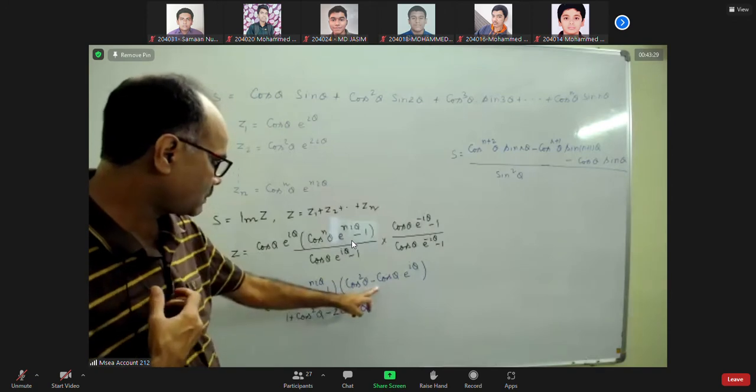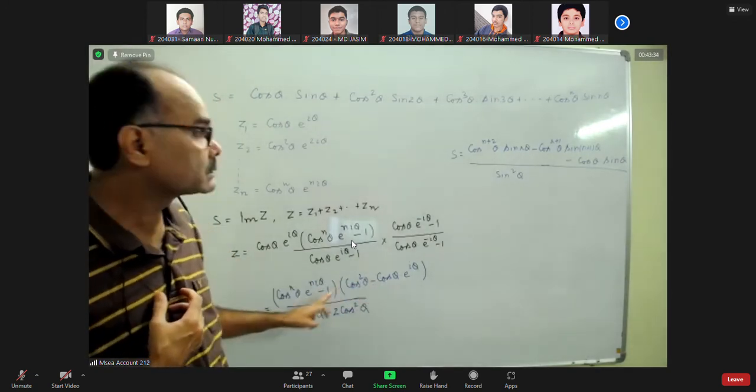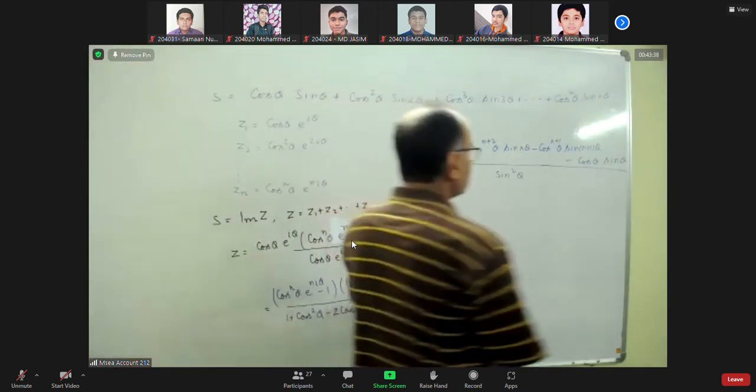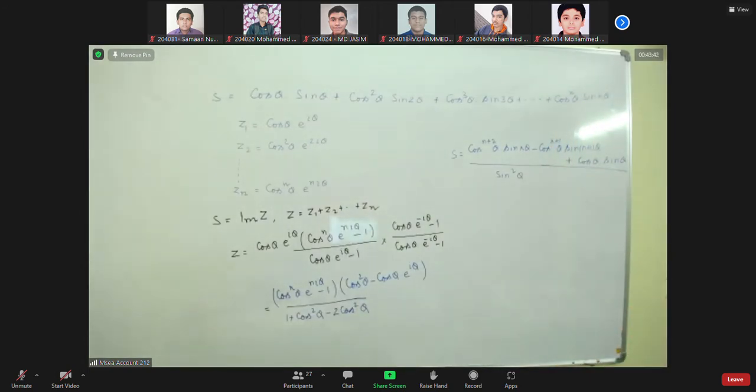Here, I think minus minus plus cos theta sin theta. There were only 4 terms. Cos n plus 1 theta sin n theta, correct? Minus cos n plus 1 theta into sin n plus 1 theta.